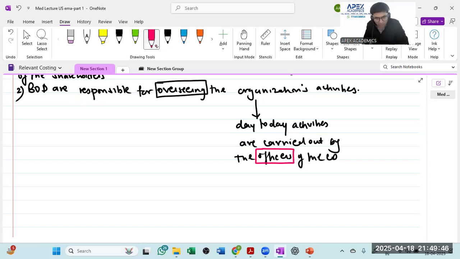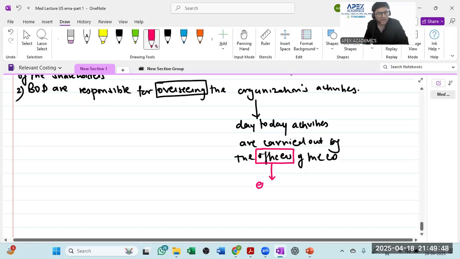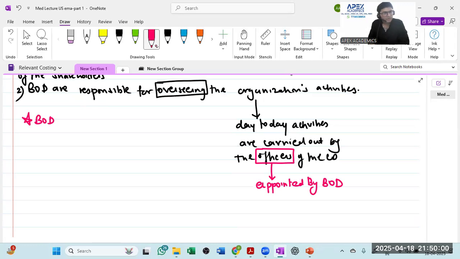Sir, the officers of the company are appointed by the board of directors. Sir, here one point is clear. BOD oversee activities. BOD do not carry on the activities.